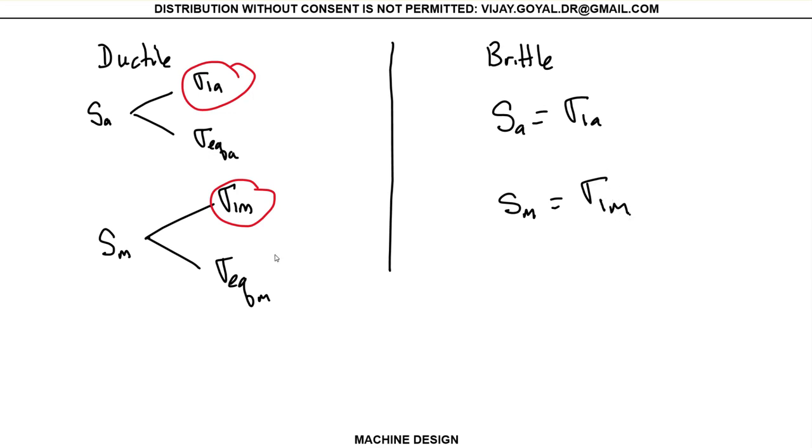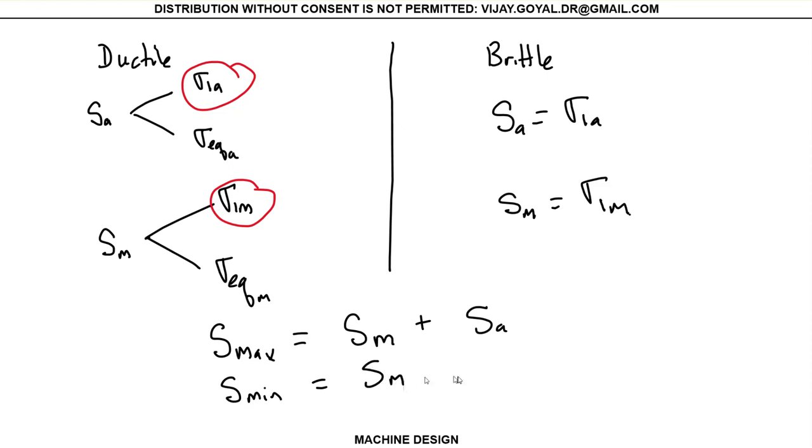Then from here, once we have SA and SM, you want to decide what your S maximum is. Your new S maximum is, I like to write, mean plus alternate, and your minimum would be sigma mean minus alternate.